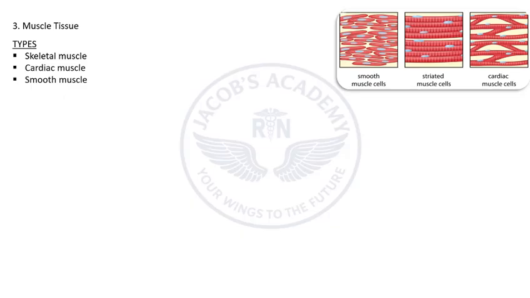It contracts continuously and rhythmically to pump blood throughout the body. The third one is smooth muscle. It is found in organs like the stomach, intestine, bladder, and blood vessels. These muscles work involuntarily and help with functions such as digestion and blood flow.